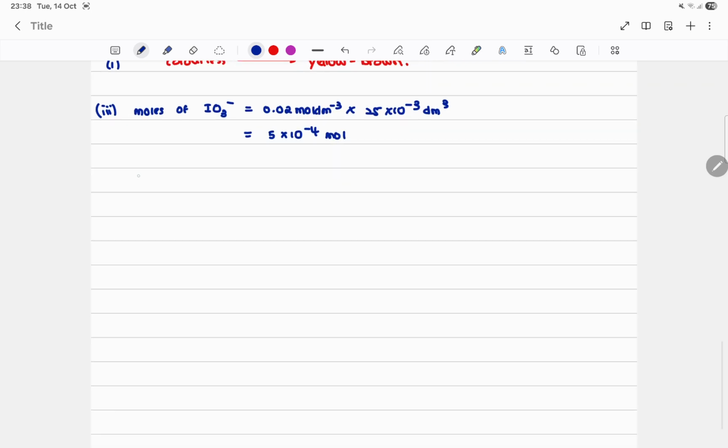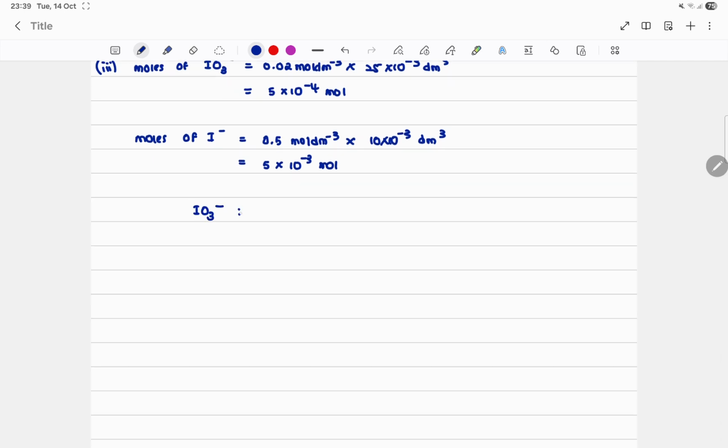Then let's find the moles of I minus. It is 0.5 mole per dm3 times 10 times 10 power minus 3, which equals 5 times 10 power minus 3 moles.